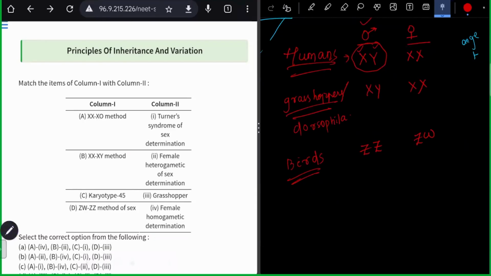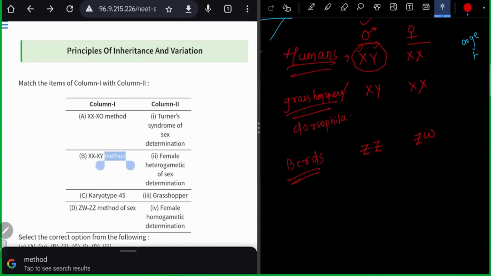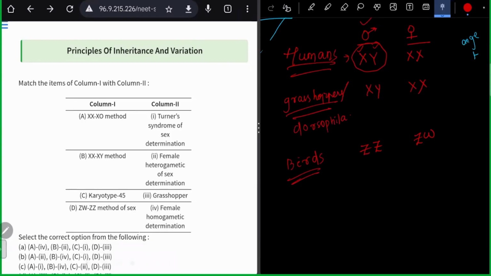One is XX-XO. Second one is XX-XY. XX-XY method you can see in female homogametic determination. Females are homozygous. That means XX-XY method is female homogametic determination.